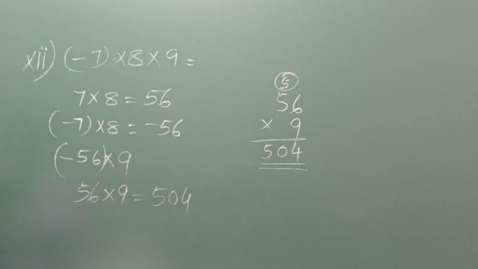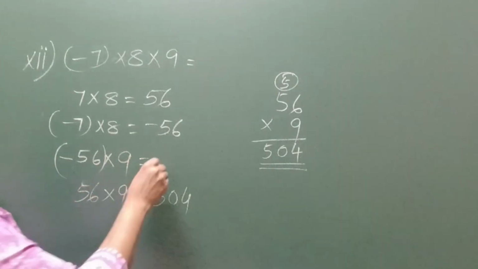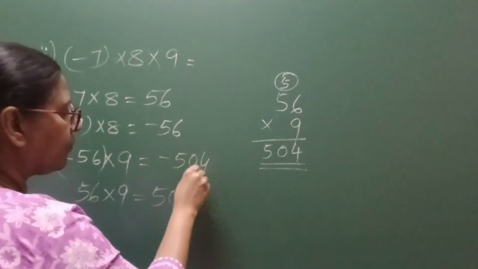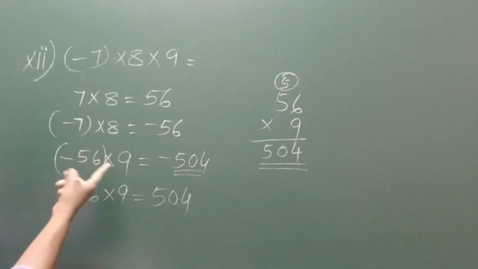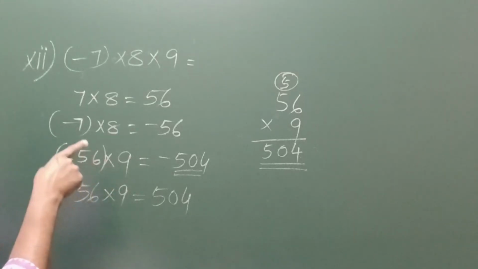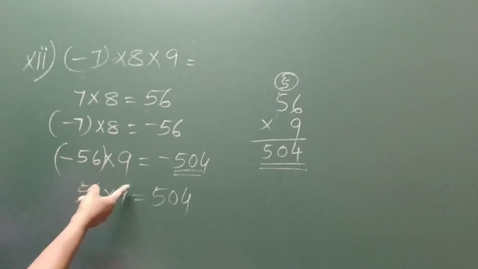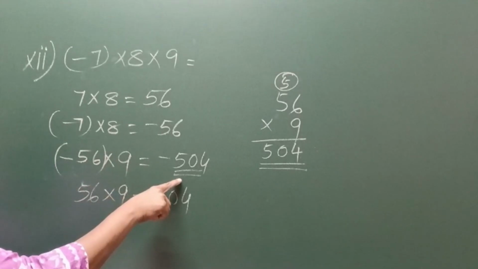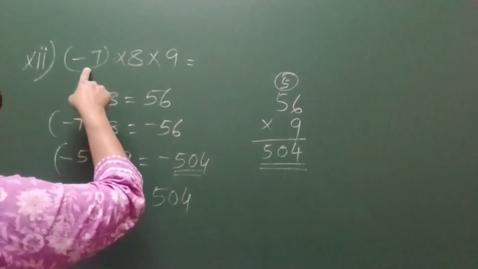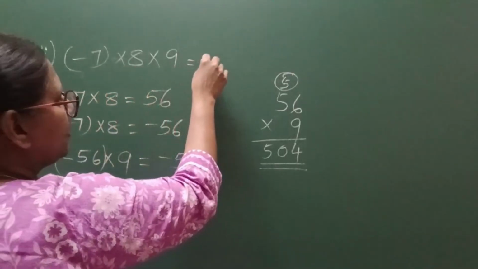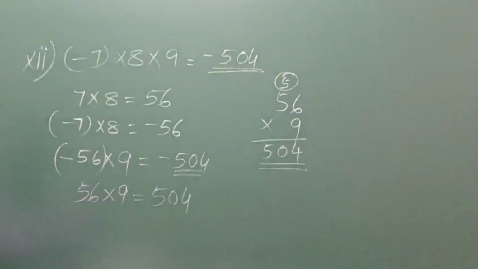Now here minus 56 into 9 is equal to minus 504. Why? Because of unlike signs. When you find the product of two integers with different signs, you have to give the negative sign to the product. That is how here minus 504 came. So minus 7 into 8 into 9 is equal to minus 504. This is our final answer.